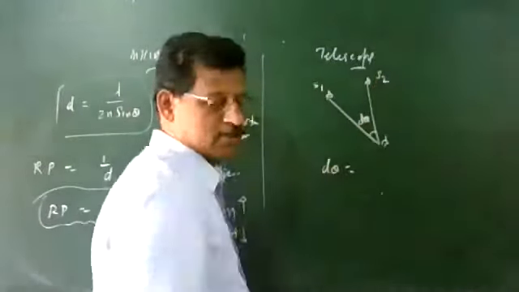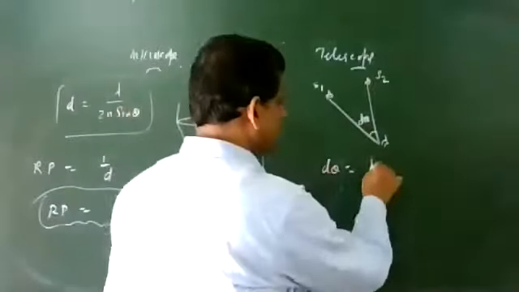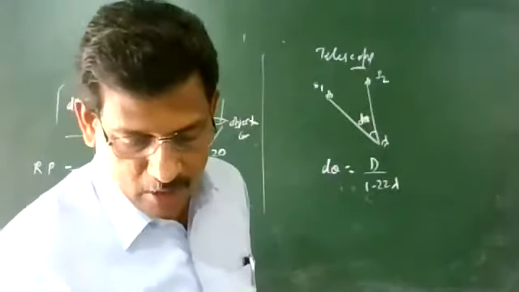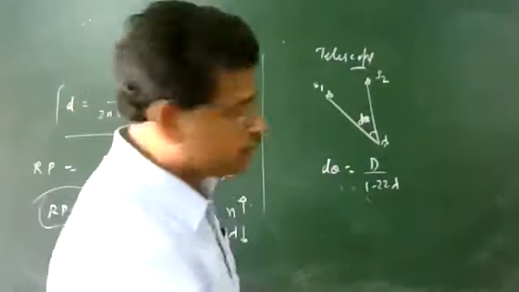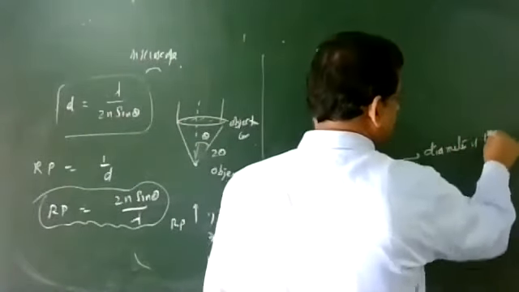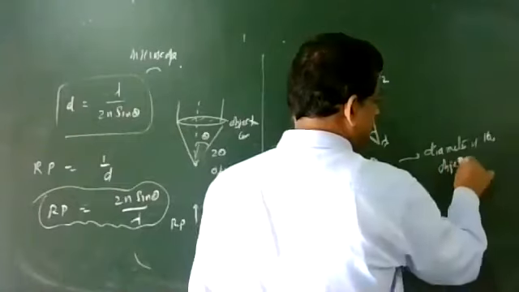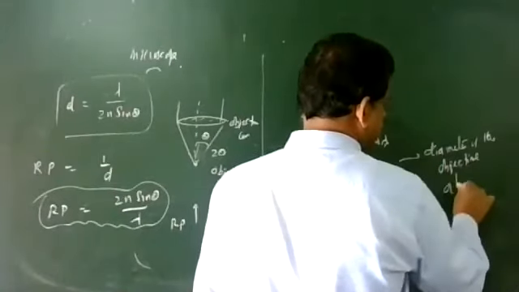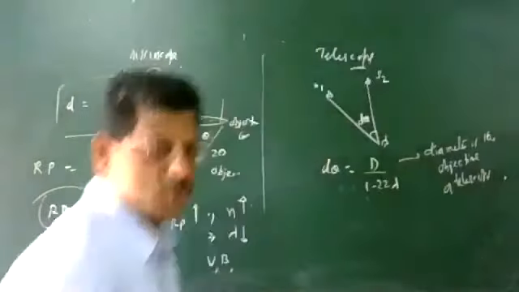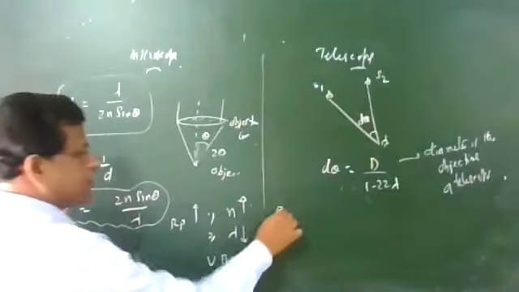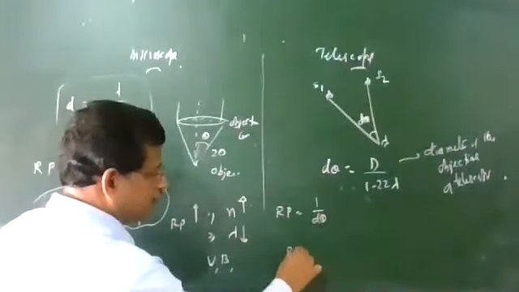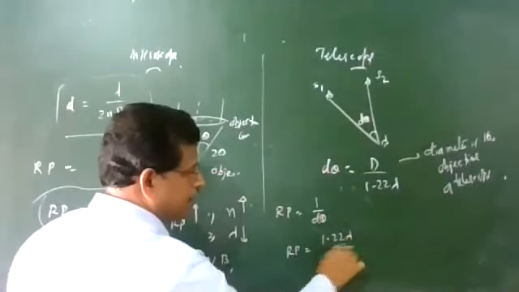It is 1.22 lambda divided by d, where D stands for the diameter of the objective of the telescope, which can be a lens or a mirror. The resolving power of a telescope is the reciprocal of the smallest angle.